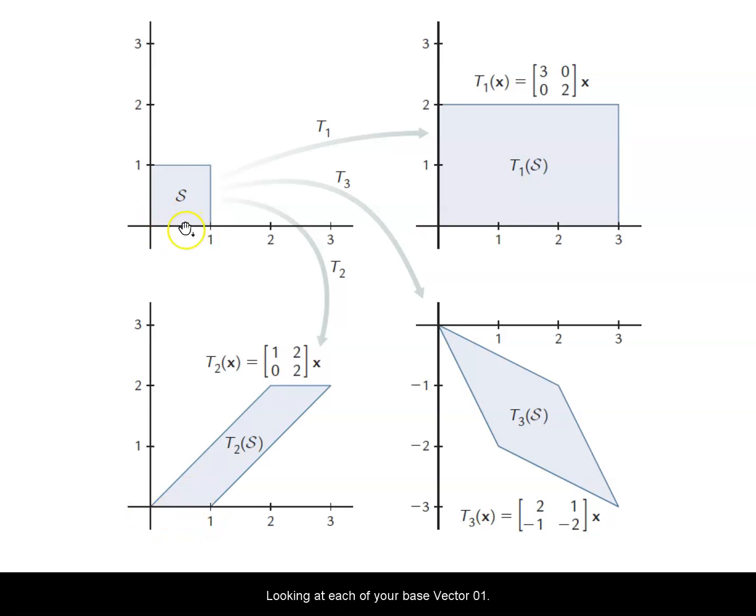Looking at each of your base vectors, 1, 0, and what happens to it here? It stays the same. Then looking at this basis vector, this standard vector, 0, 1, and what happens to it? Well, it turns into 2, 2.